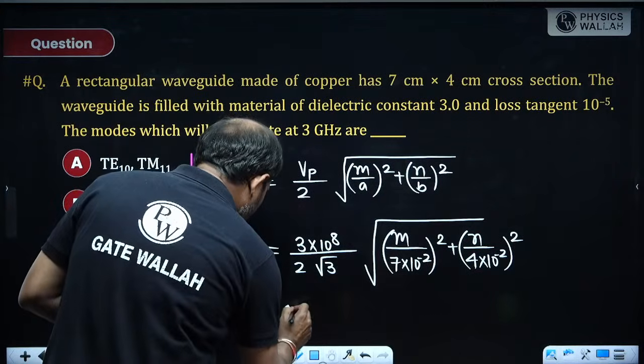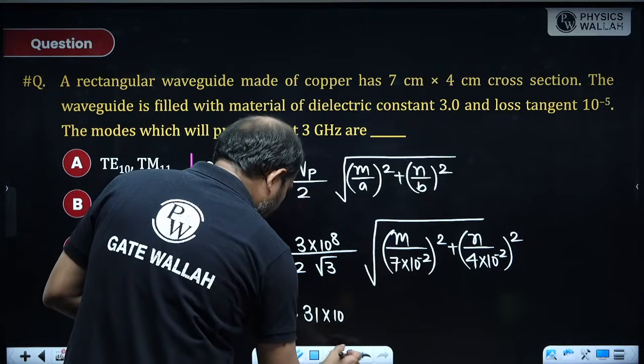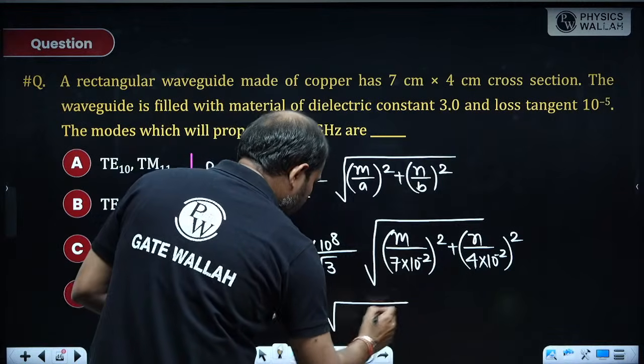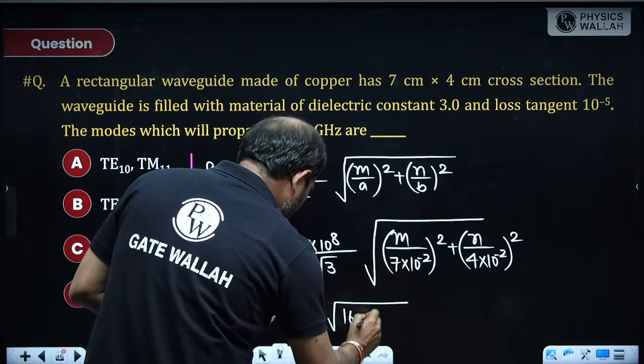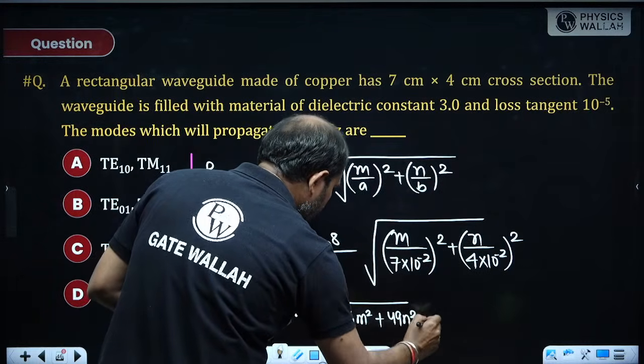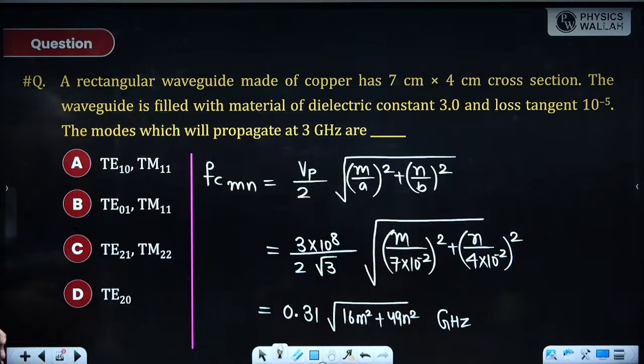So it will be 0.31 into 10 raised to the power 9 hertz, under root 16m square plus 49n square gigahertz.